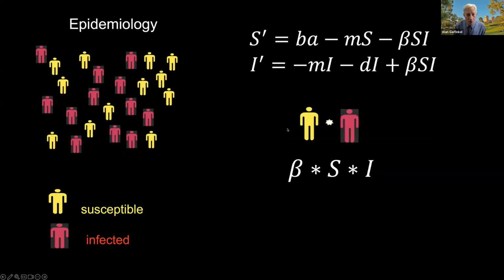So we put that into a model with the magic term beta SI, meaning susceptible meets infected. And with probability beta, the number of susceptibles goes down one and the number of infecteds goes up one. Beta is the parameter you would modify to test social distancing, test a mask policy, test a vaccination protocol.